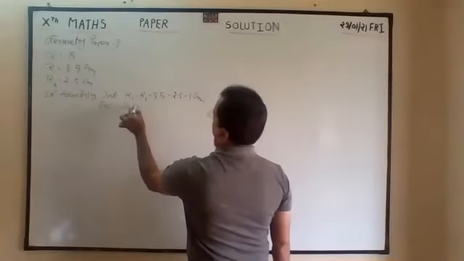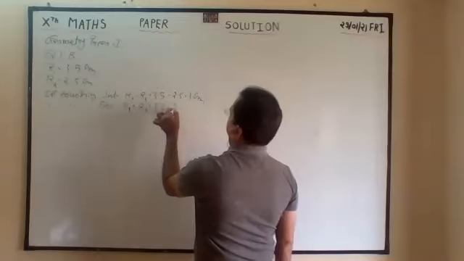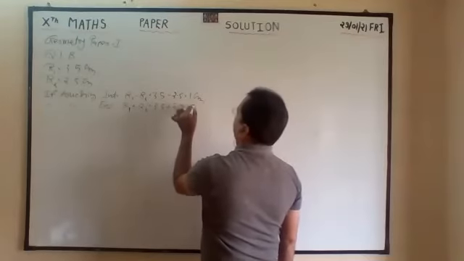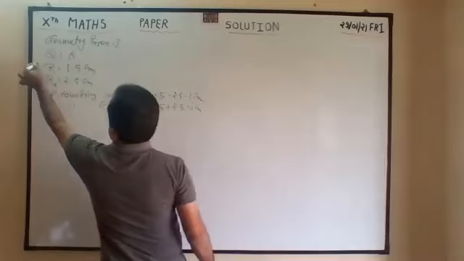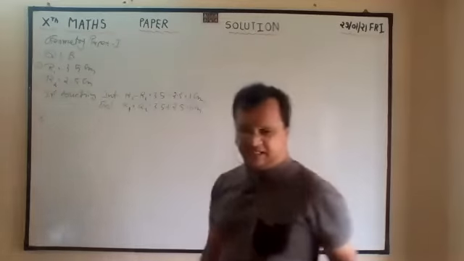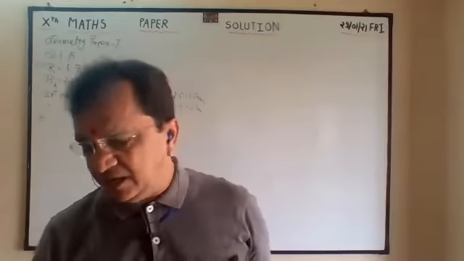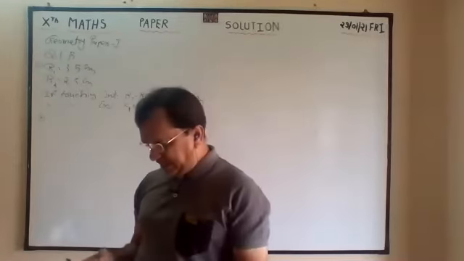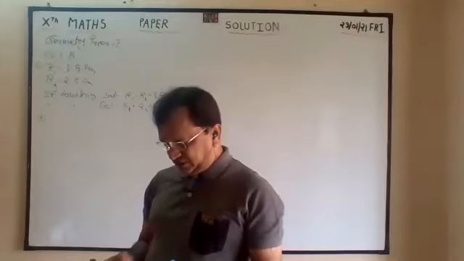Externally, R1 plus R2, 3.5 plus 2.5, is 6 centimeter. They will give you particularly internally or externally. I have shown how to find internally and externally.